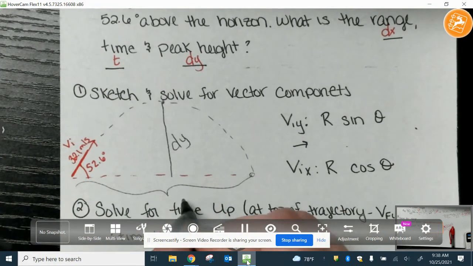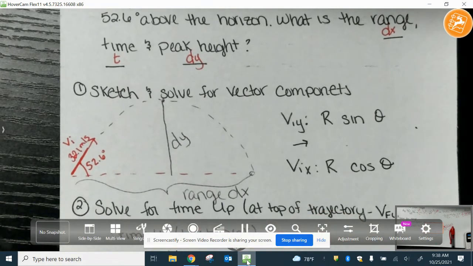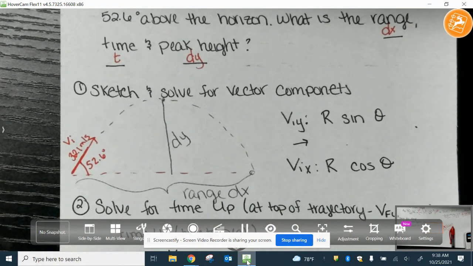This would be how far it goes. That is my range, which we call d of x, dx.